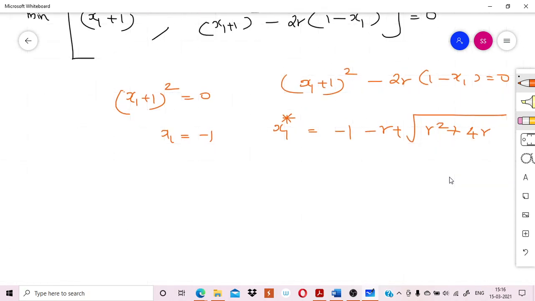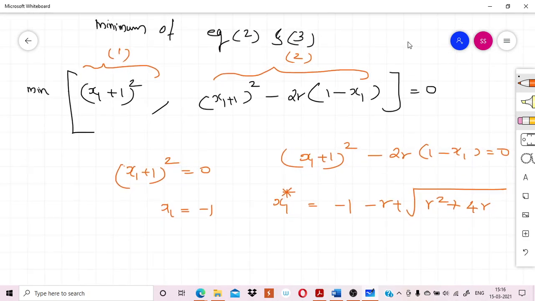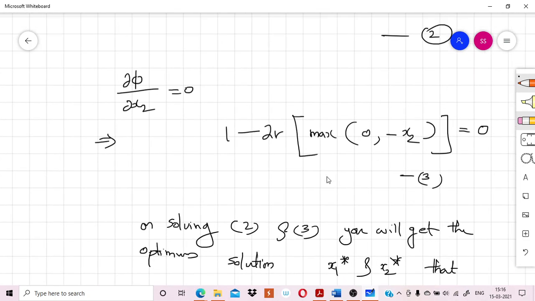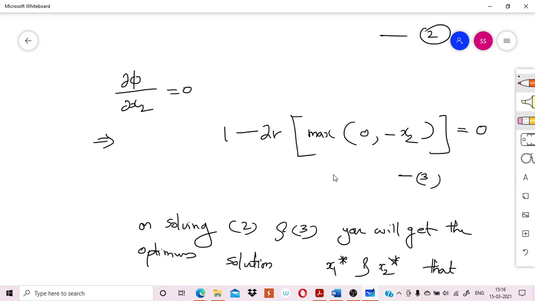Now you have to consider the second one, that means the minimum of this. How to consider the second necessary condition, that is dou phi by dou x2 equal to 0. If you solve this for x2, you will get the x2 star optimal solution for x2. But here also we got two possibilities. That means you have to apply the minimum of this whole function also.